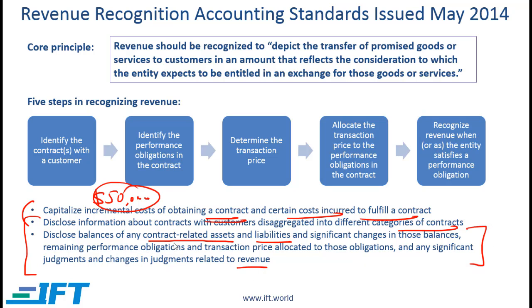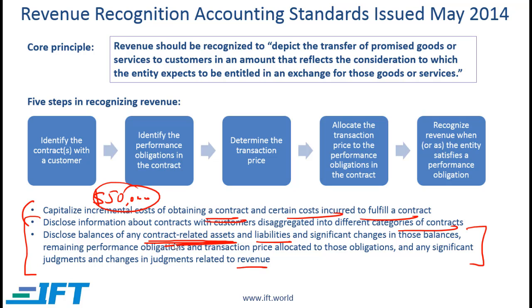The curriculum doesn't spend much time on this, but very briefly, contract-related assets. So there might be situations where a company has delivered a performance obligation, has recognized revenue, but not created an accounts receivable yet. So until the time that the accounts receivable is created, a contract related asset can be created, which eventually then gets converted into an accounts receivable.